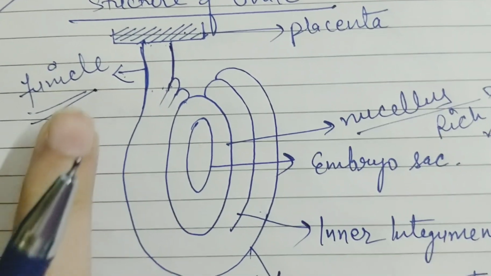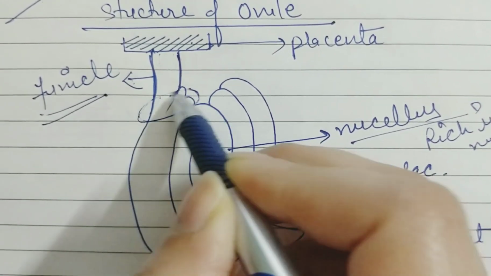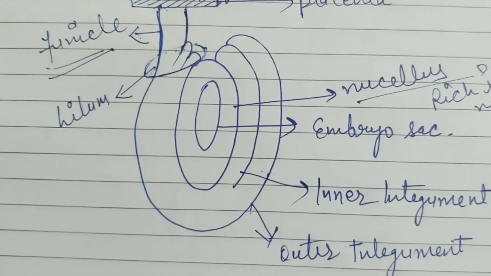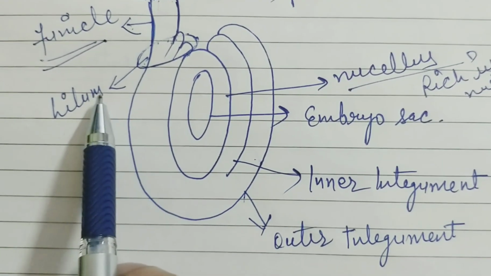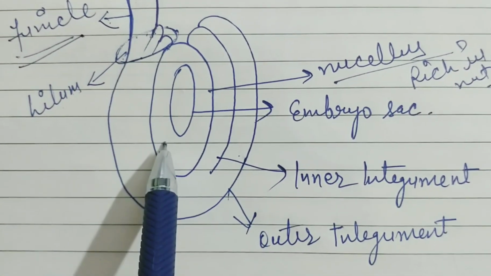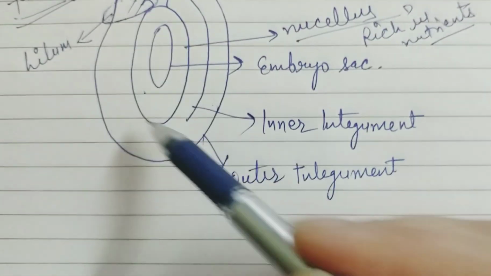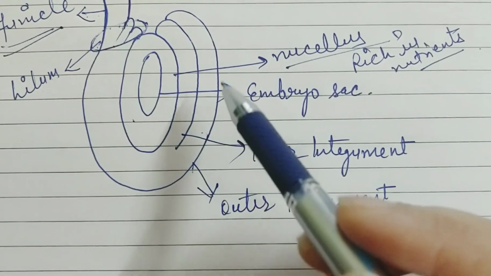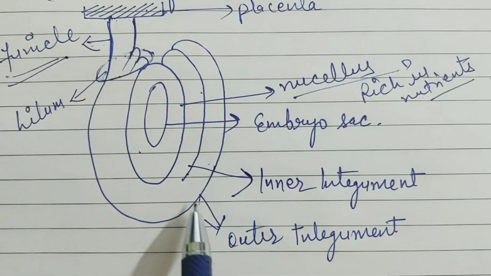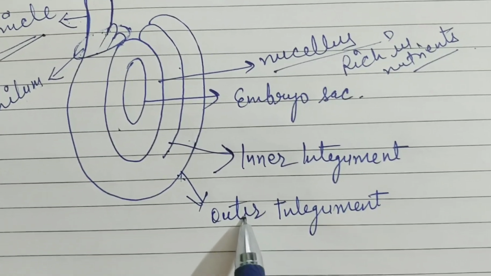The funicle is attached to the ovule at this region, and the region is named the hilum. The hilum represents the junction between the ovule and the funicle. The ovule has two protective integuments, the inner one and the outer one.